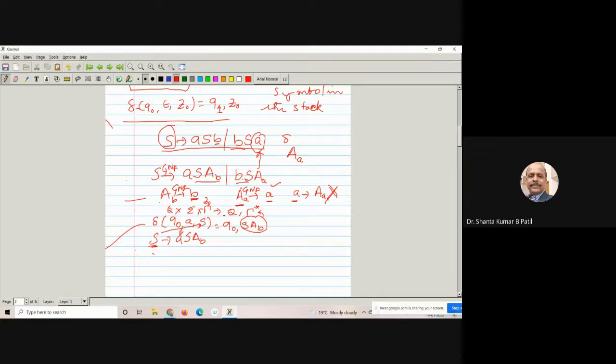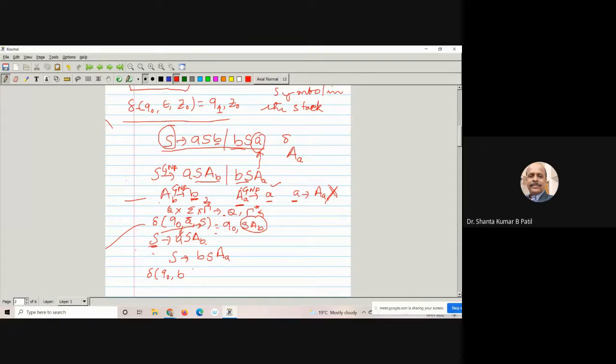Okay, next, S defines BS, AA. Therefore, the equivalent transition function is delta of Q naught, sigma is now b. So terminal sigma means it is b. You can see here, this is the sigma in the transition function.